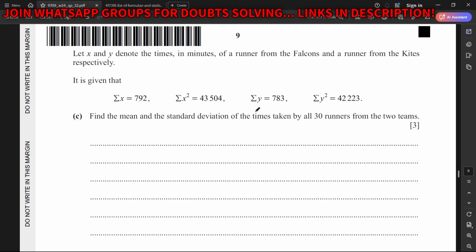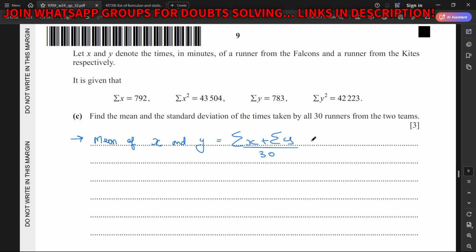So based on this, what I can do is to find the mean of X and Y. The total time taken will be the summation of X plus summation of Y, and because there are 30 participants, I'll need to divide this by 30.